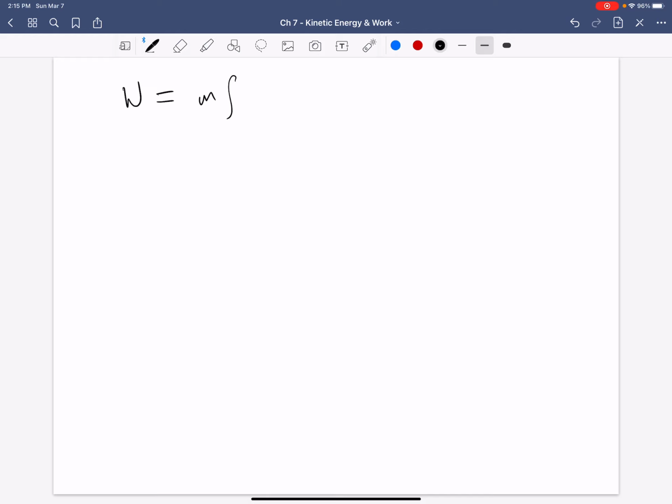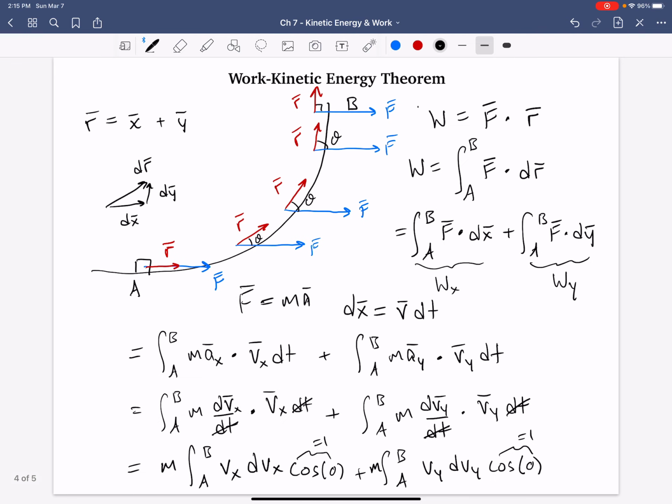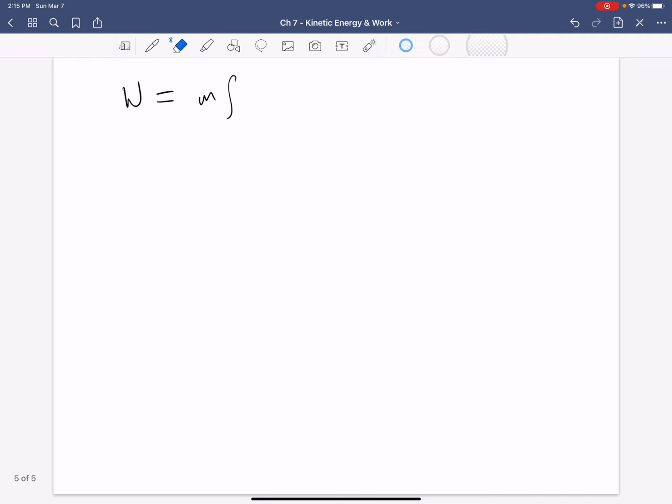We have mass. Actually, let me do it here. We have integral v dv. That is Vx squared over 2 evaluated from A to B. There's no vectors anymore in this. It's simply a magnitude, right?